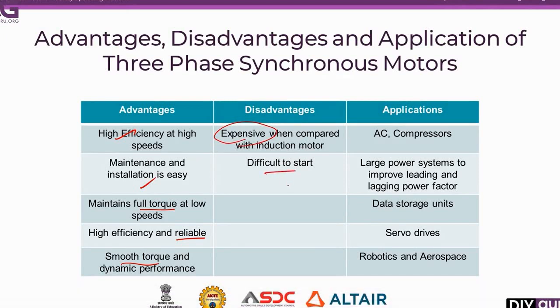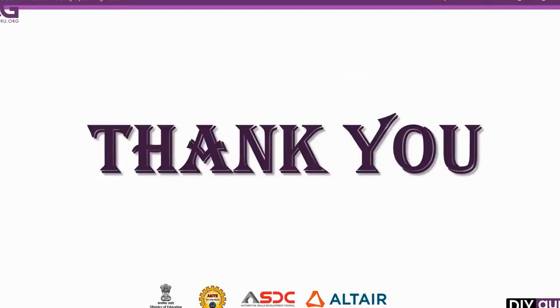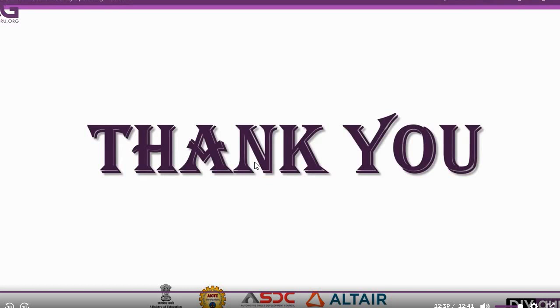Starting is quite difficult. Some of the applications are air conditioning and compressors, mainly used for power factor improvement as a condenser. Then it can be used in servo drives, robotics and aerospace applications. Thank you. We will see you in the next session.